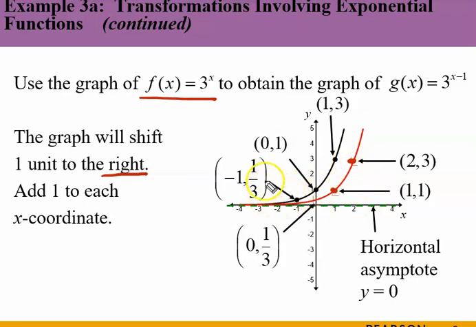And notice where it was -1 was 1/3. That's going to shift over now to the y-axis at 1/3. Now our x-axis is still the horizontal asymptote with the equation y equals 0.